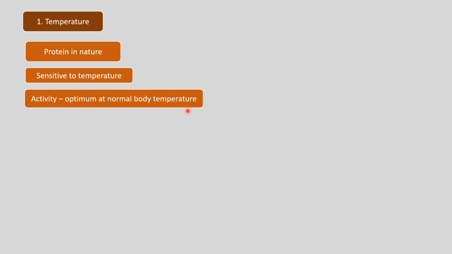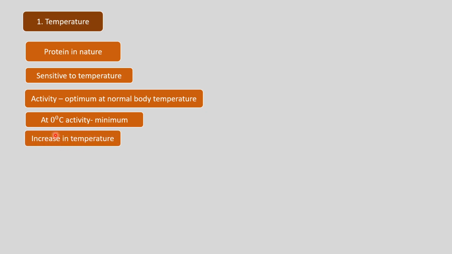But when there is very low temperature, say for example 0 degrees Celsius, the activity will be minimum. At very low temperature, the activity slows down very much, leading to minimum activity.